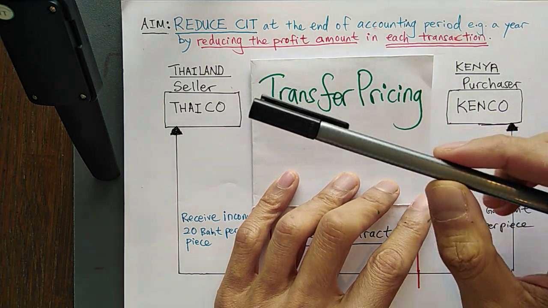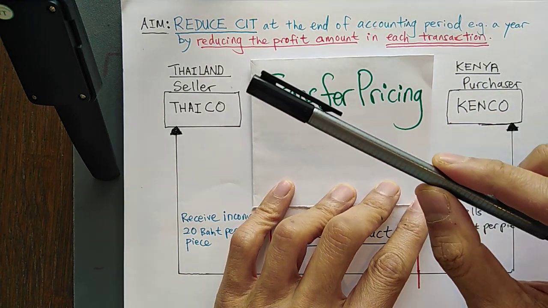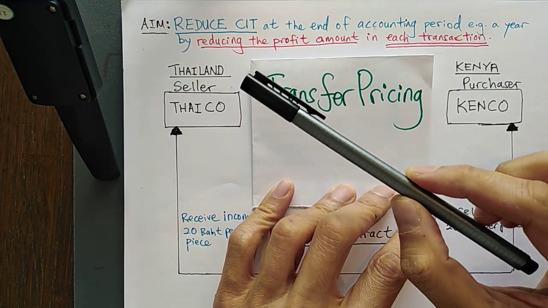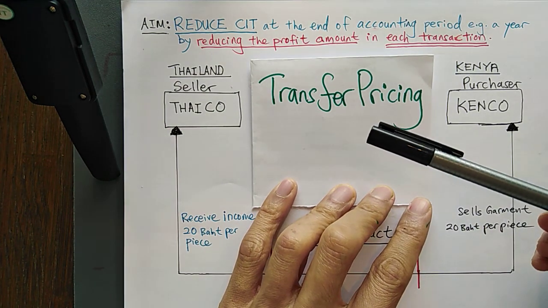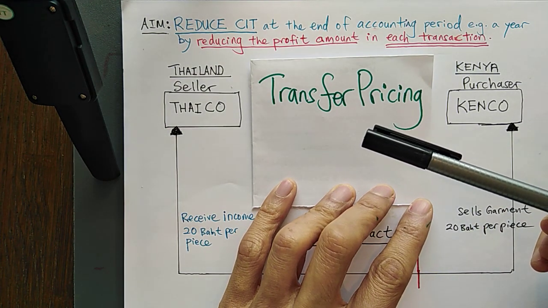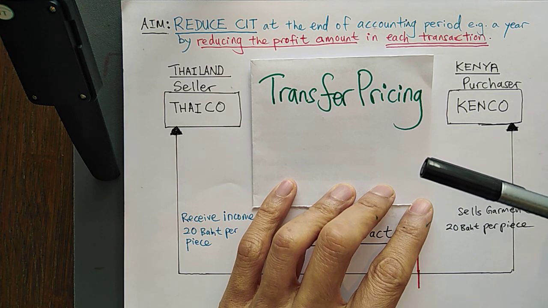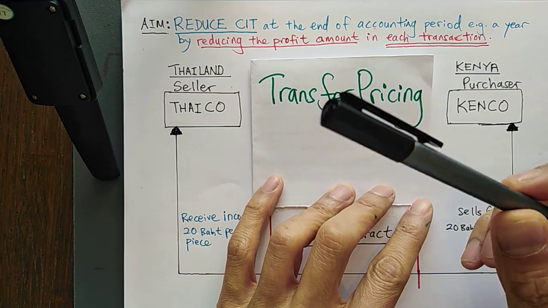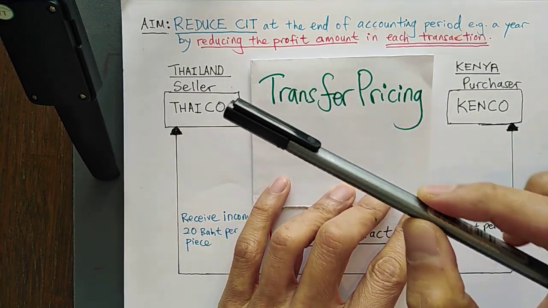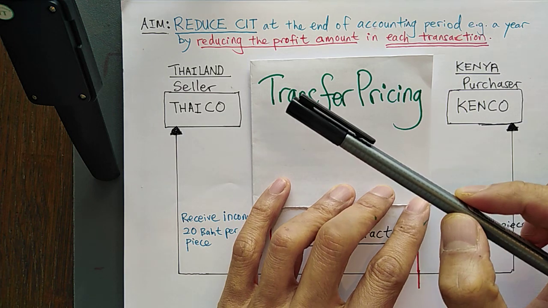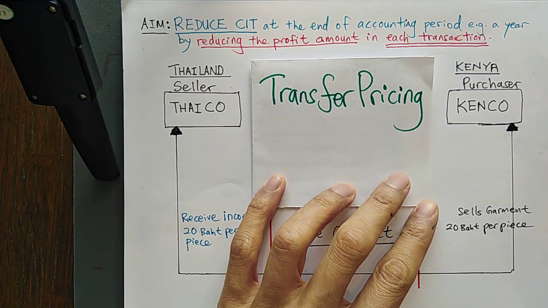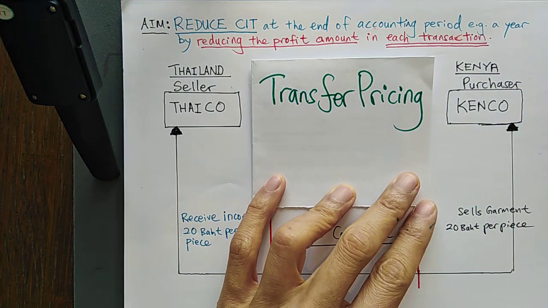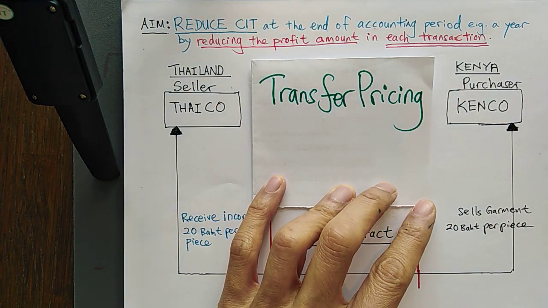So you would have to aim in each transaction to try and reduce that 20 baht profit in the sale of the pen or the services rendered. By reducing the profit for that particular transaction, you would thereby possibly reduce your net profit at the end of the year, and thereby reduce the exposure to corporate income tax.